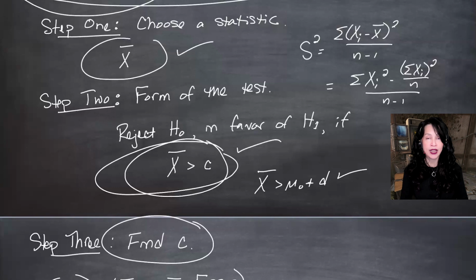Both by design would have size or level of significance alpha, but if you and your neighbor were using different tests and they both had size alpha, they would maybe differ in terms of beta, the probability of a type 2 error.